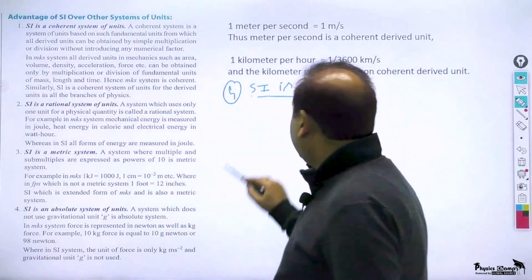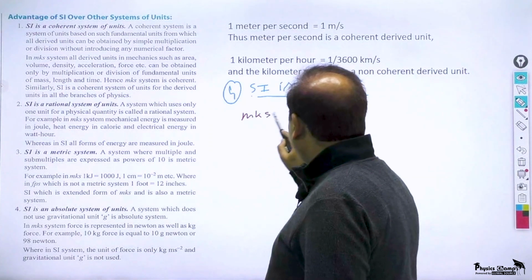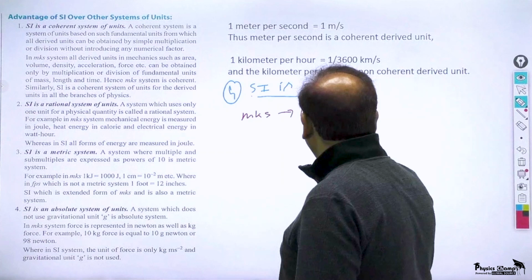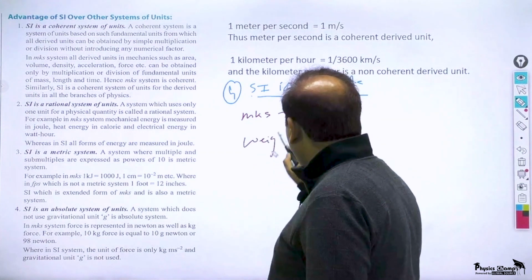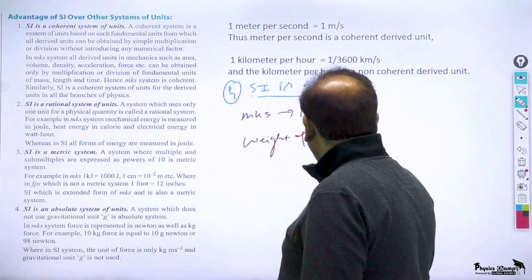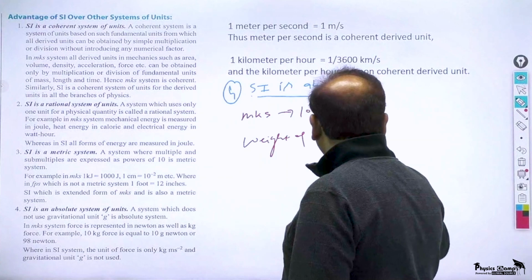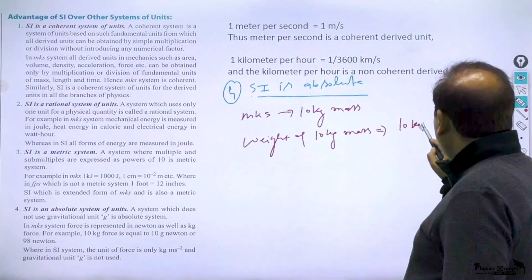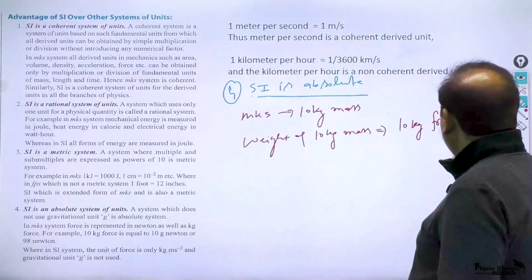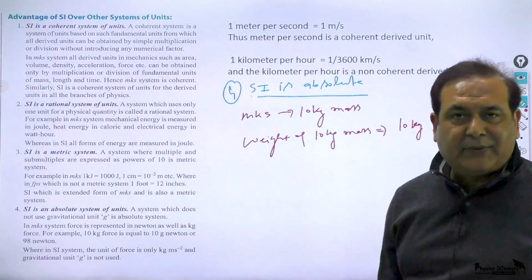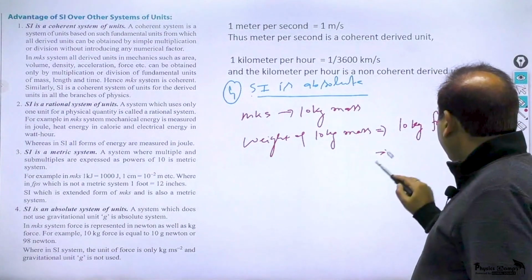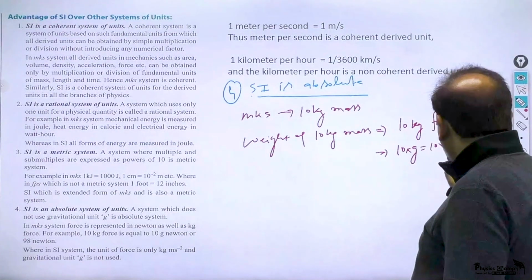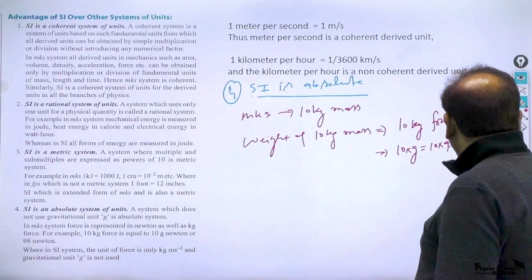In MKS, the weight of a 10 kilogram mass would be written as 10 kilogram force. This is called the gravitational unit of force. Or its other value is 10 into g, which is 10 into 9.8, or 98 Newton.